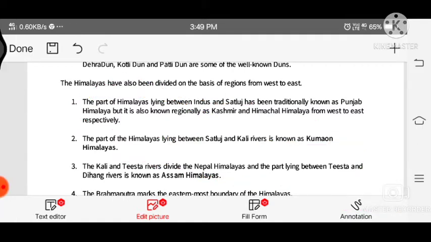The part of the Himalaya lying between the Indus and Satluj has been traditionally known as Punjab Himalaya, but it is also known regionally as Kashmir and Himachal Himalaya from west to east respectively.